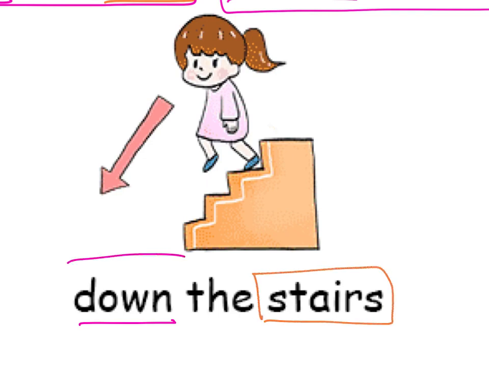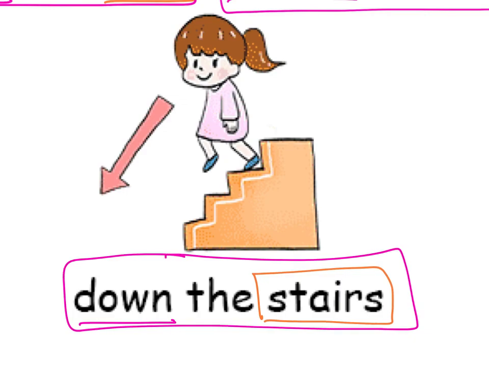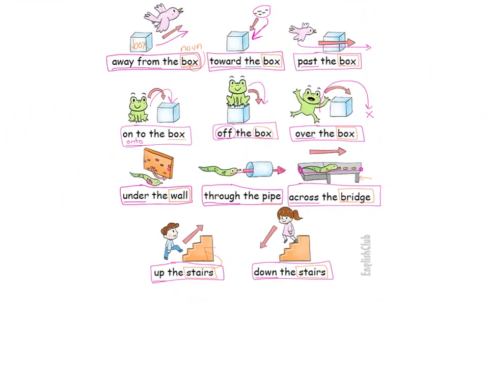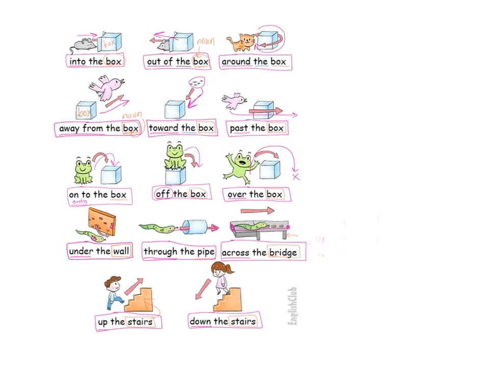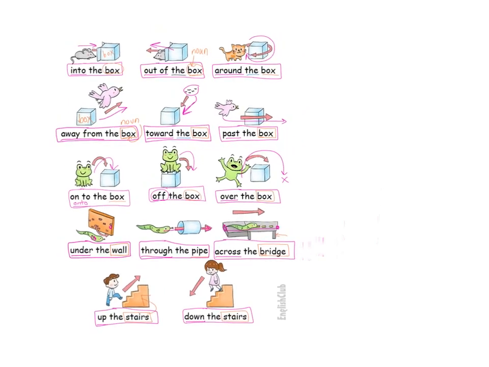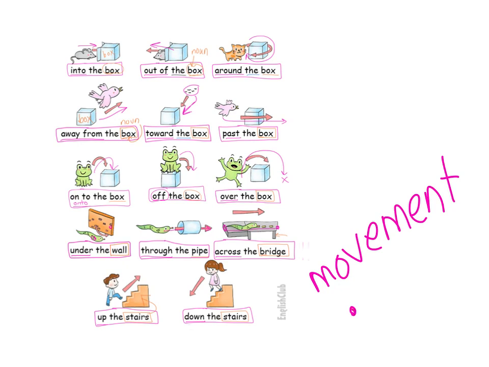And the whole thing is the prepositional phrase. So these are examples of when someone is moving. These are prepositions of movement. I'm saying that word, movement. That's when you're not standing still. You're here and you're going somewhere.